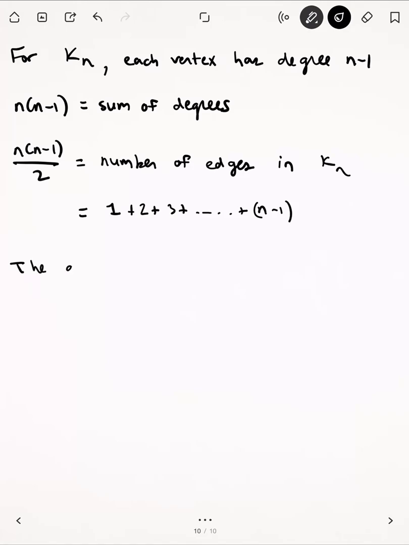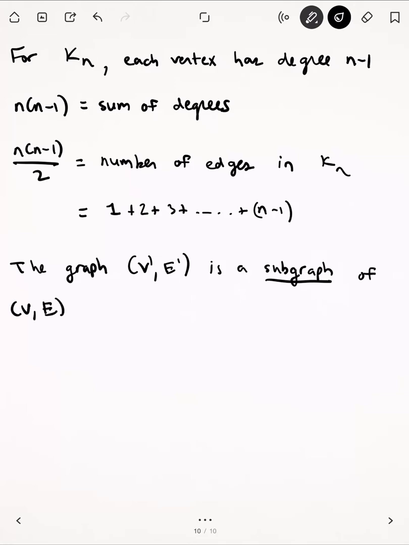So the graph V prime, E prime is a subgraph of V, E if and only if V prime is a subset of V. So remind yourself what it means for a set to be a subset of another.